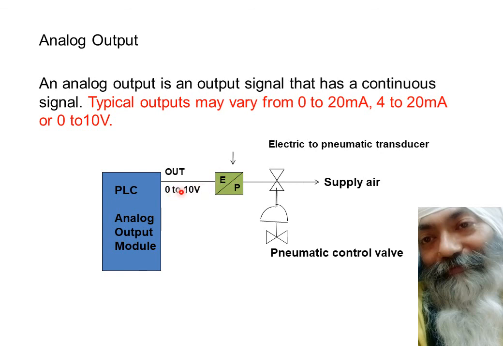In case the output is in the form of voltage, it's called an E to P converter, and this P is again converting itself to standard 3 to 15 psi, and that is used to open or close a pneumatic control valve, which might be controlling some flow, maybe flow of oil, flow of coolant, or flow of some other fluid.